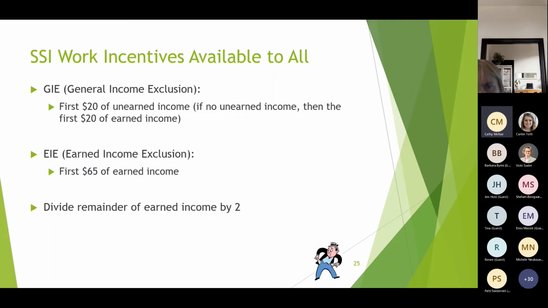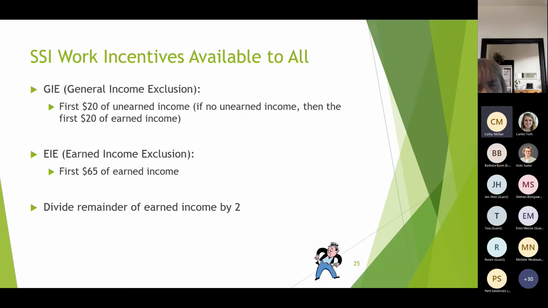So SSI comes with its own set of work incentives. The first work incentive is the general income exclusion. This is $20 that gets taken right off the top. So it's the first $20 of unearned income. So if grandma gave you a gift for Christmas or whatever, if there's no unearned income, then they take that $20 off your earned income.